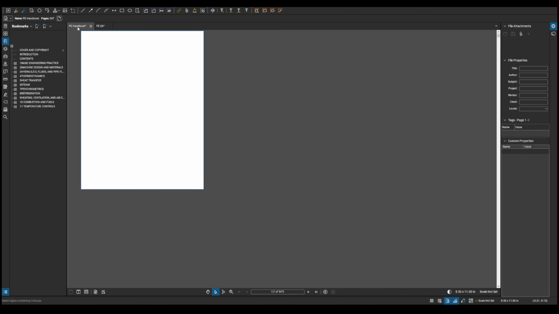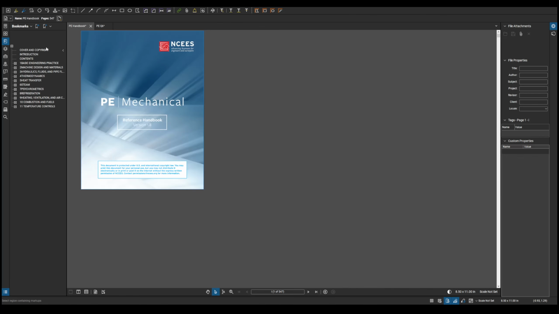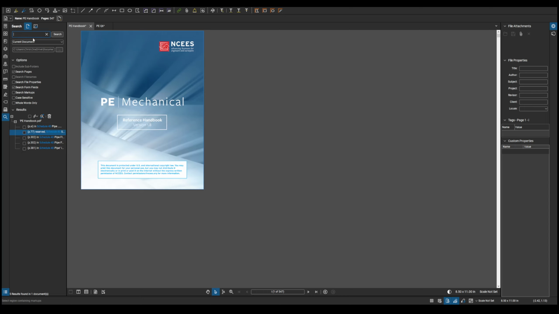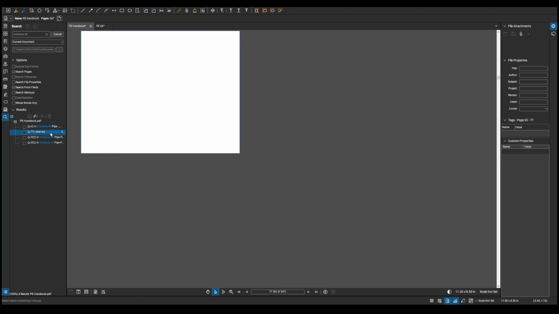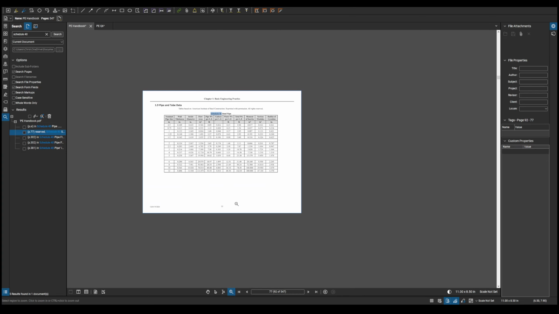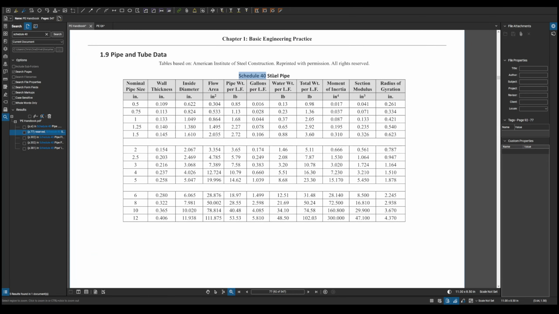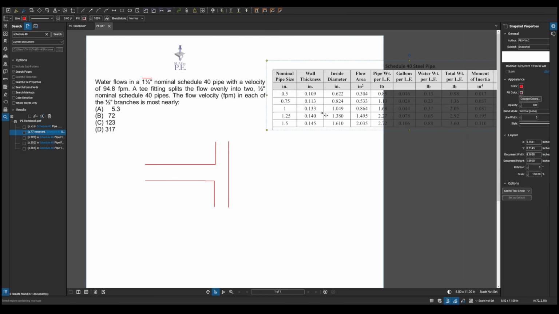So if we go to our handbook and do a Control F to search, we can search Schedule 40. And we can go to Schedule 40 steel pipe. So I'm going to grab this, bring it in.